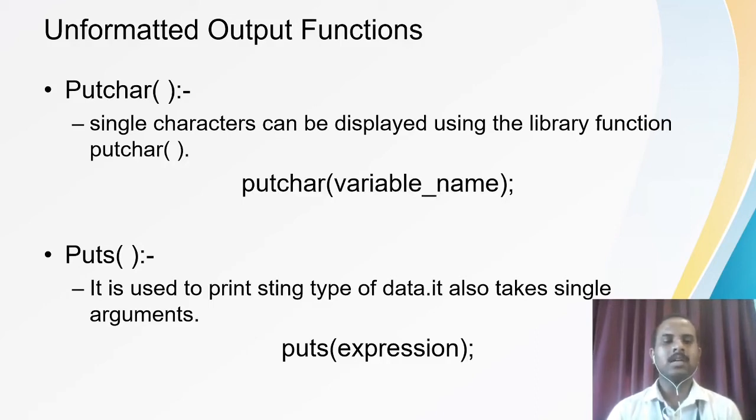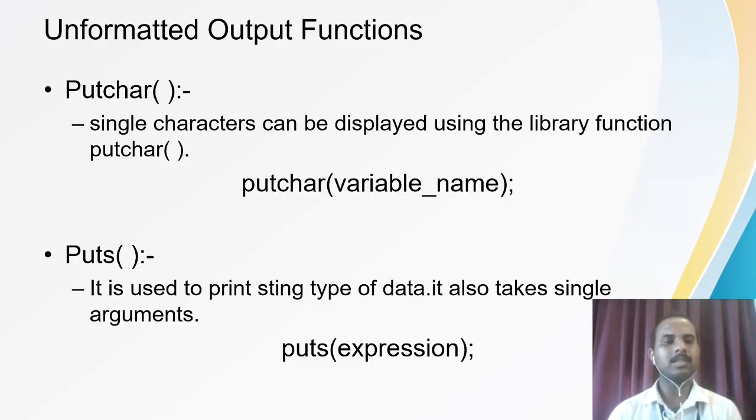Puts is going to display the string that is present in the expression or in the string here. So puts expression, whether it is a variable or an expression, it will fetch the data and display it.